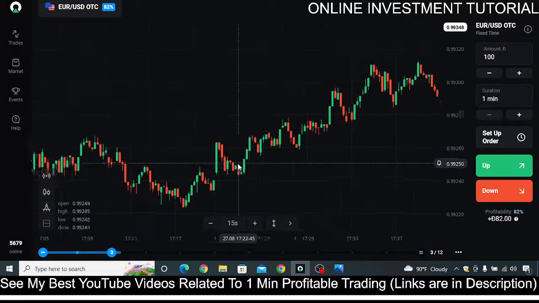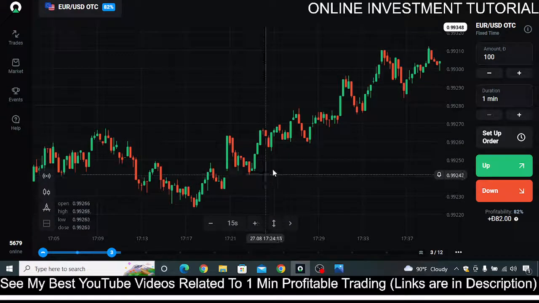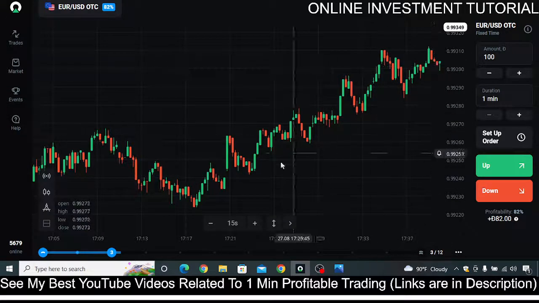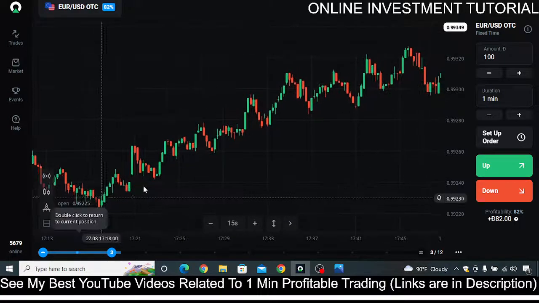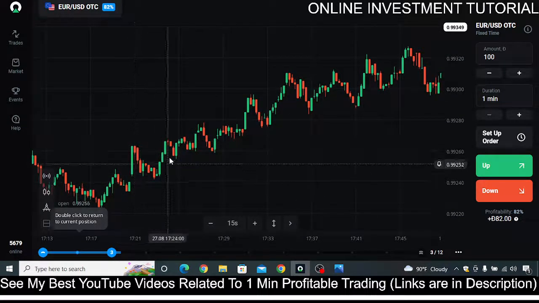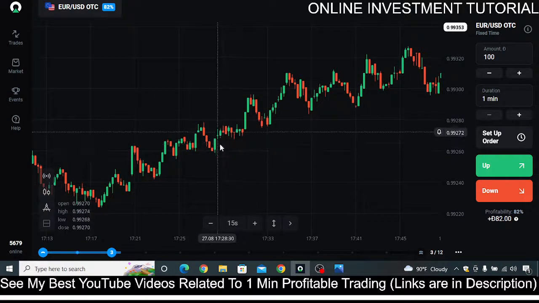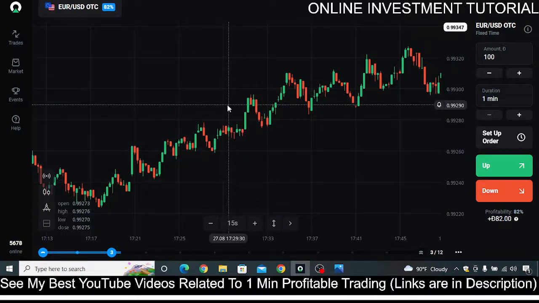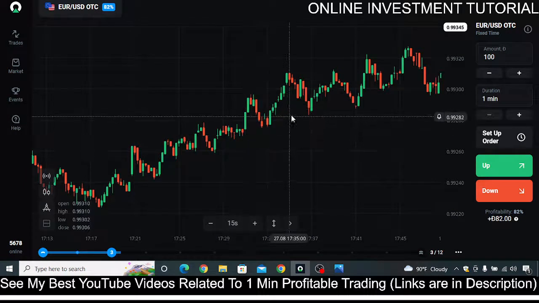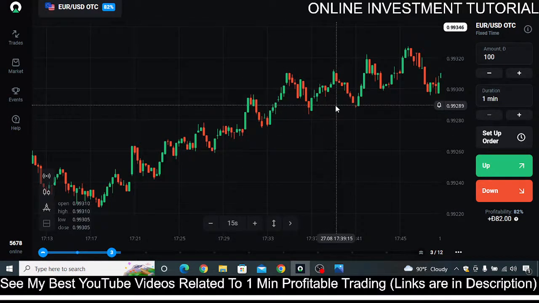So let's say you drew a trend line here. Then in real time what you will start to notice is that every time the market comes to the trend line, it automatically bounces back, and you can make your trade in those places.